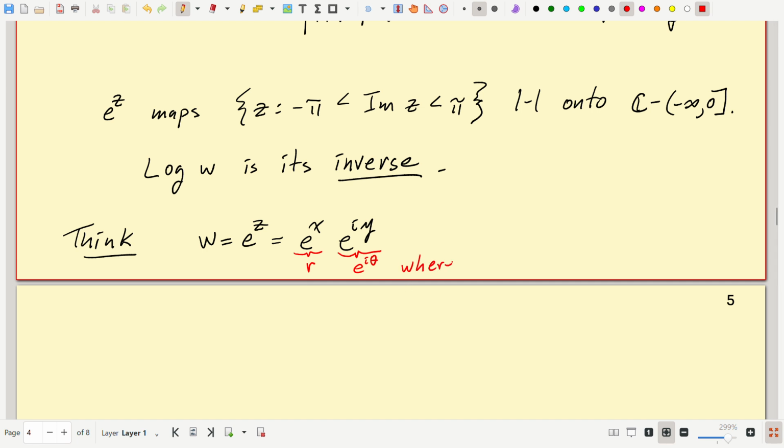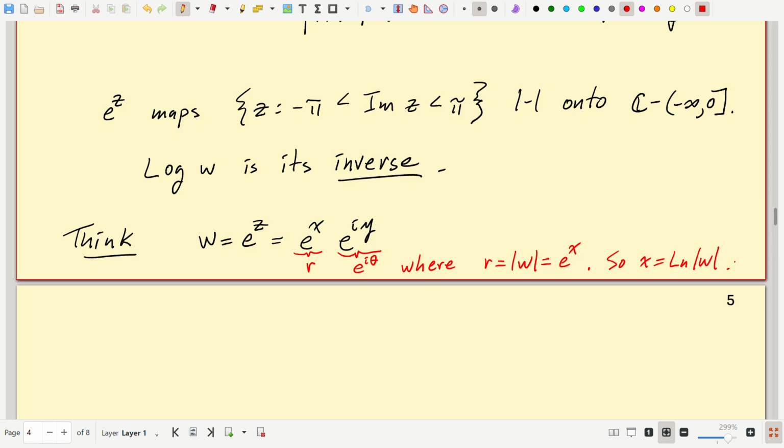And r is the modulus of w, the radius, and it's also equal to e to the x. So x is the natural log of the modulus of w.